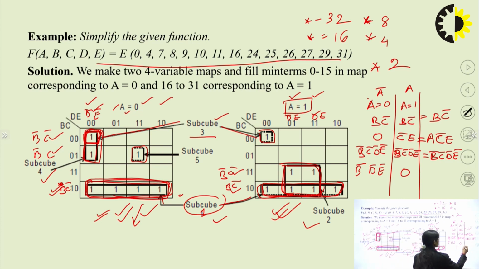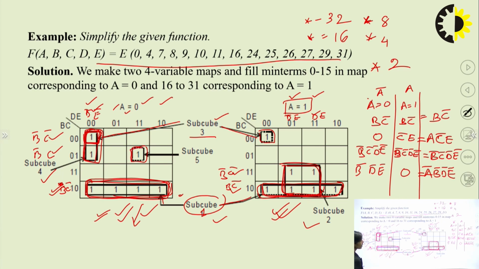After this, what will we take? This A bar will be included here because A corresponds to 0. So this is written as A bar B bar D bar E bar. So this is subcube 4. Now at last we have subcube 5.